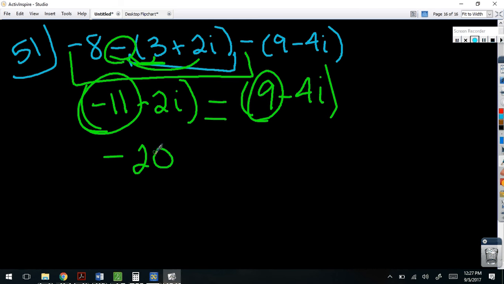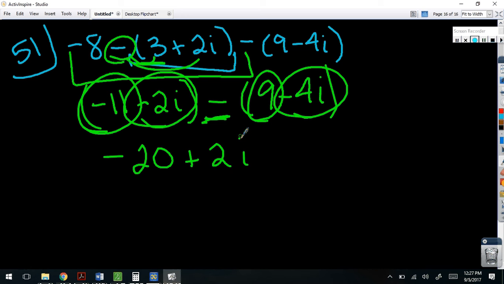Negative 20. Negative 2i minus negative 4i is 2i, that's right. Minus a negative is a positive. Does that make sense? Don't try to multiply out. A lot of you see that and you want to multiply it out, but it's not a multiply out problem.